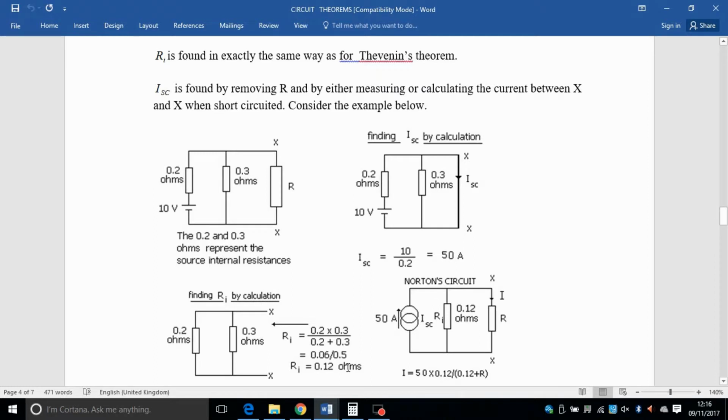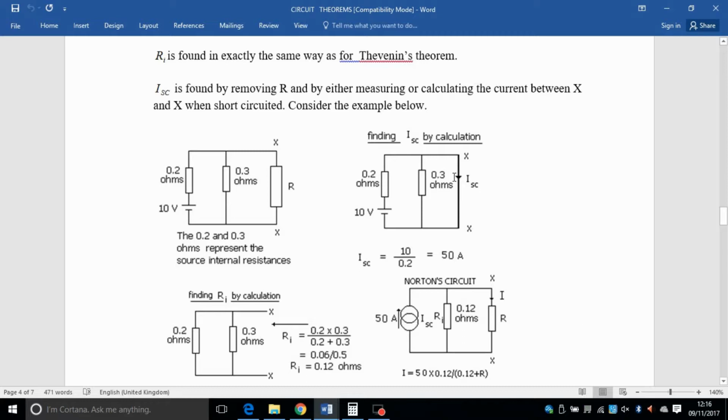You found the Ri, so you just draw Norton's equivalent circuit and put that value in for Ri. So Ri is 0.12 ohms, and the load resistance RL is given, and then we need to find how much short circuit current we have.